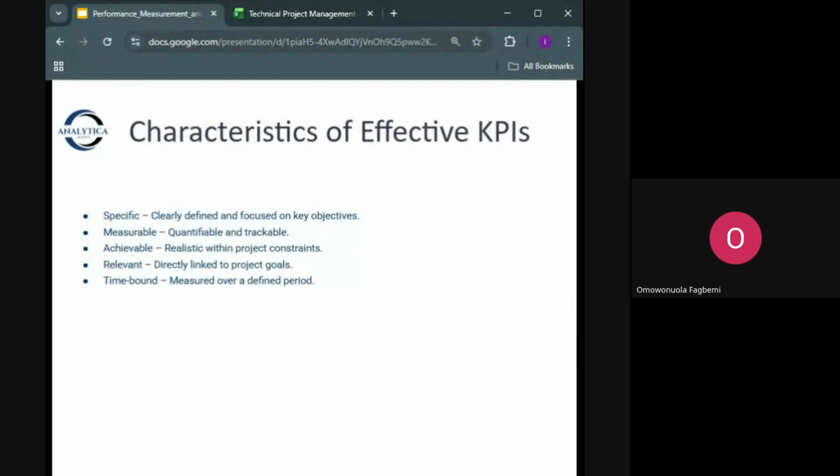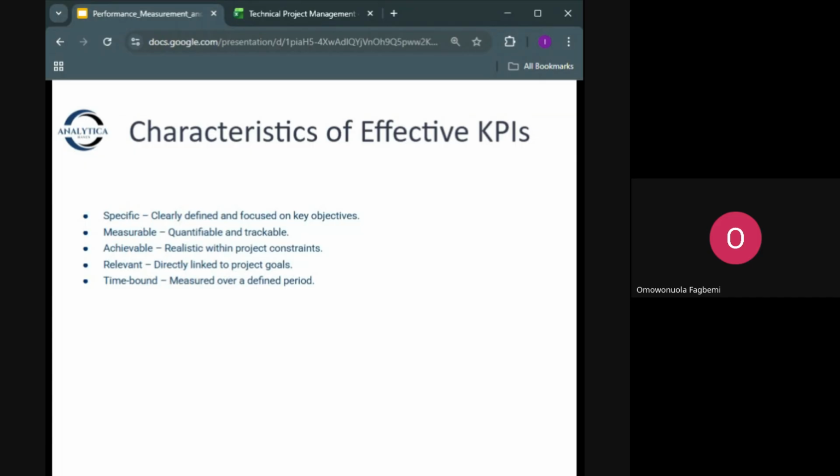Number five is to be time bound. Always tie it to a time frame, like weekly or monthly reporting. So instead of improved construction speed, a better KPI will be complete roofing in 10 days.